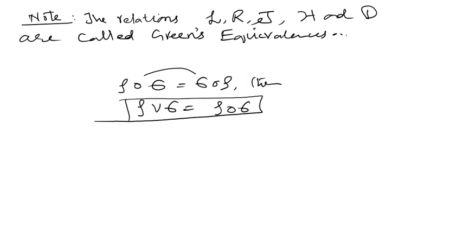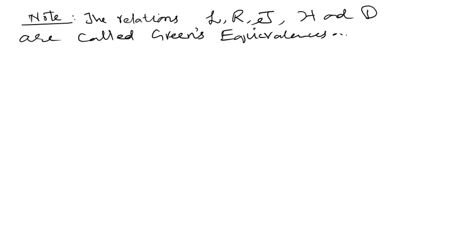We have done this result. We will prove that L and R commute, so that means the join relation will be their composition. That's our next proposition.